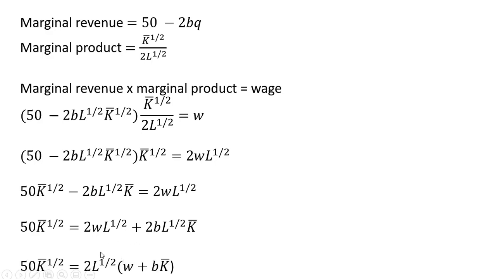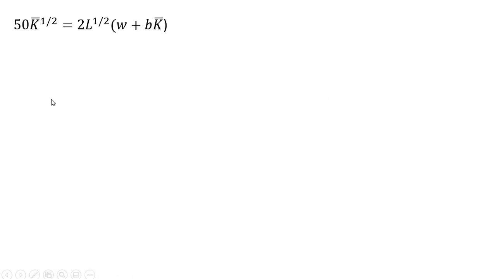We can factor out on the right-hand side 2 times L to the 1/2 power. So that was our last step after factoring out on the right-hand side. Now I'm going to divide through by 2 and divide through by what we have in parentheses. And we have the following.